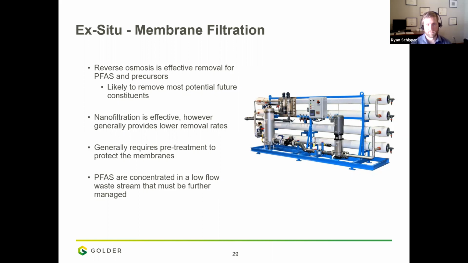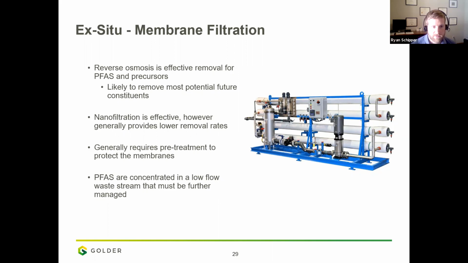Maybe not all of them, but generally, if something comes up in the future, it's pretty likely that a reverse osmosis system is going to remove it. On the other side of things, that can be a disadvantage, in that sometimes you're creating such clean water that it can have issues passing toxicity tests.